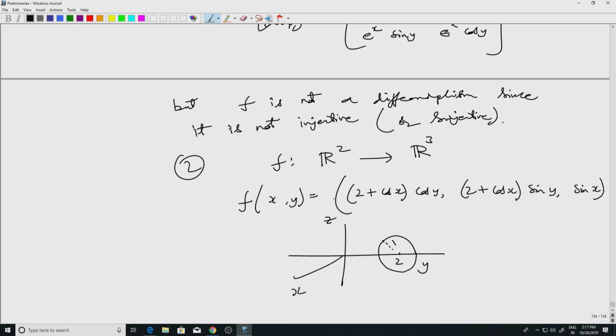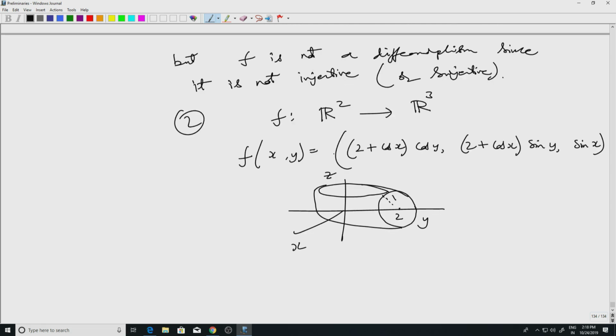If I rotate this circle about the z axis, well, I'll get a surface of revolution, and that is precisely the image of f.